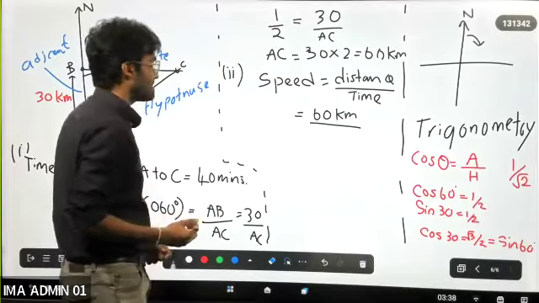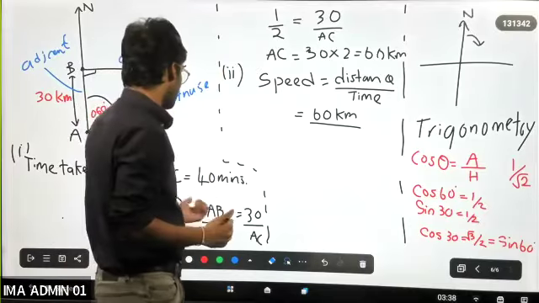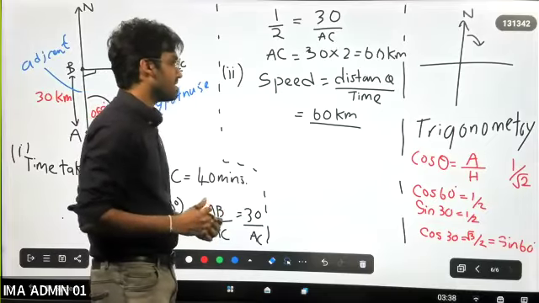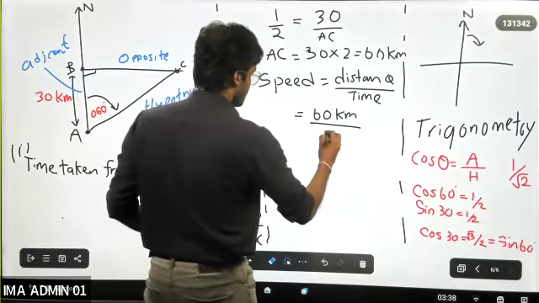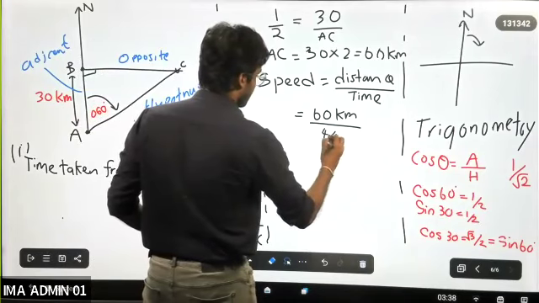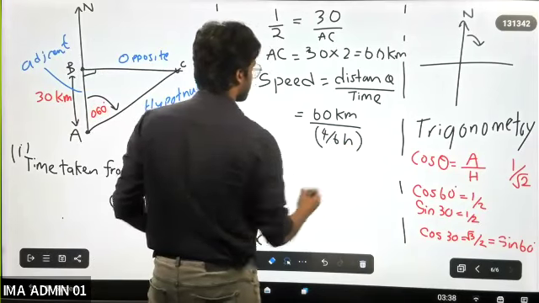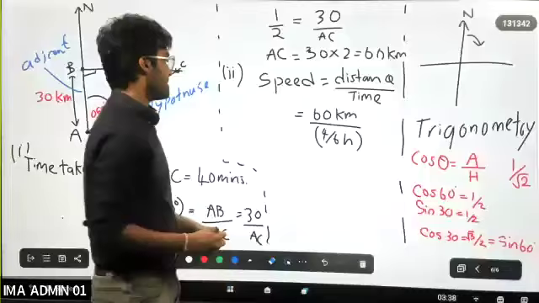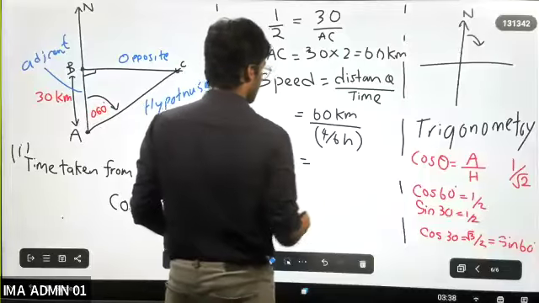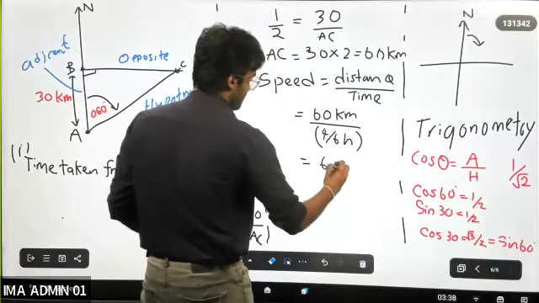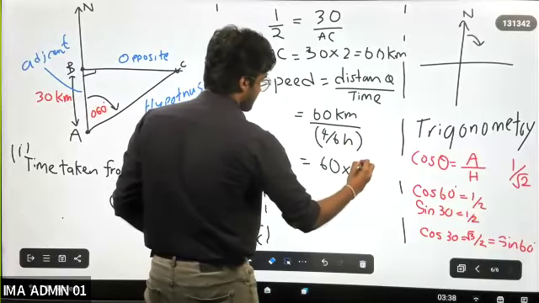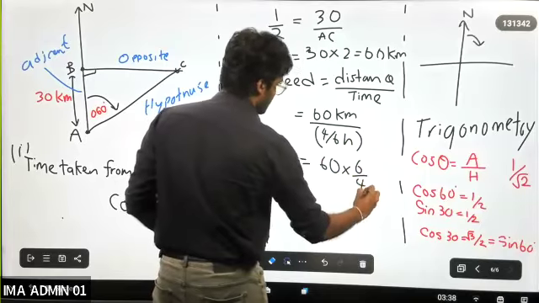So if it takes 40 minutes, for an hour there is 60 minutes, no? So it's technically like 6 by 4 hours, right? So when this is in the bottom, when you take it up, it comes upside down.